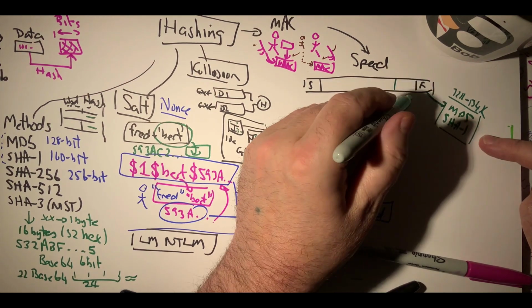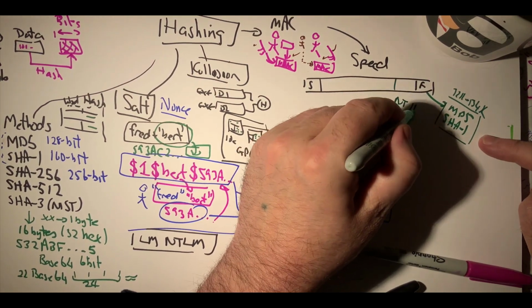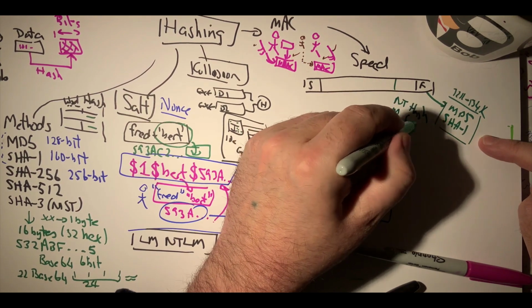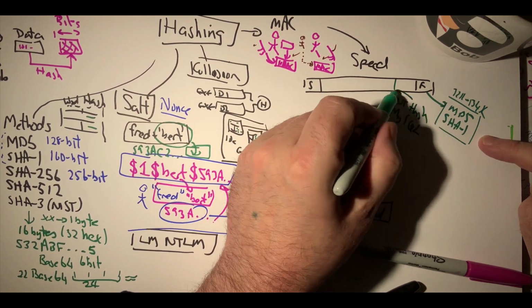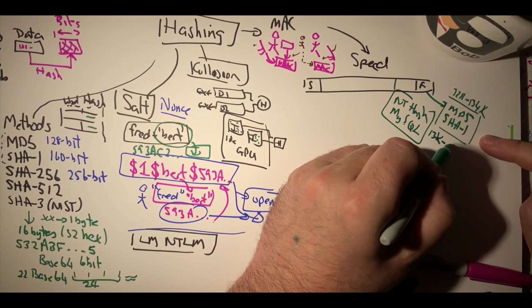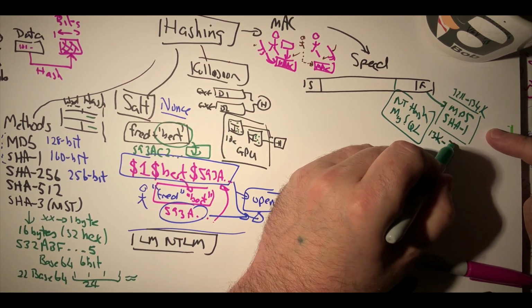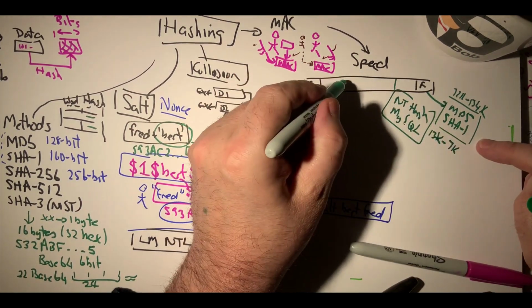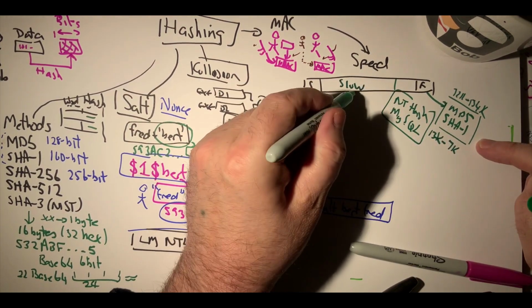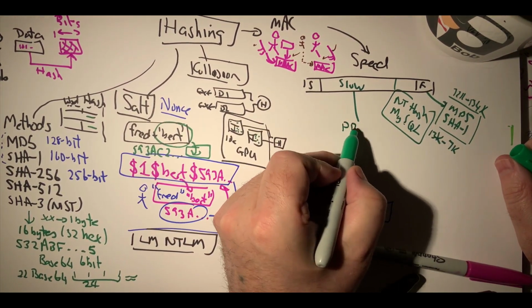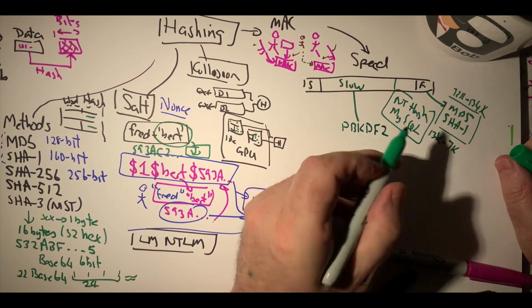The medium speed ones are NT-hash, MySQL, and these ones run around 13k down to 7k, and then we go into the region of the slow hashes, and these are PBKDF2.